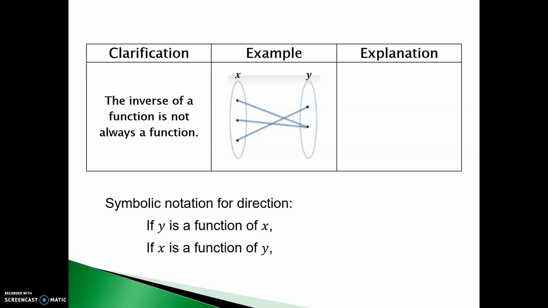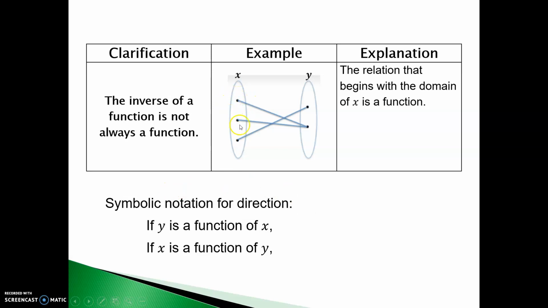The inverse of a function is not always a function. We talked about inverse in Algebra 2, and if you took math analysis, we also talked about inverse in that class. In this example, if we go from left to right, that would be starting with the domain of x, and that would be a many to one situation.